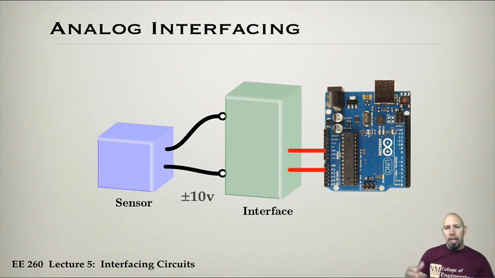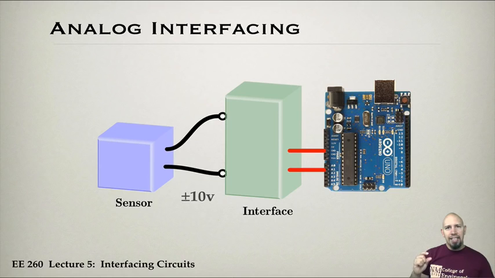capability. If you have an analog to digital converter, which our Arduino does, those are the analog inputs, it has a range of 0 to 5 volts, and that range corresponds to a 10-bit number. So these are 10-bit analog to digital converters. Then if we only have a voltage here that is at most 2.5 volts, that's only using half of the range of the analog to digital converter.